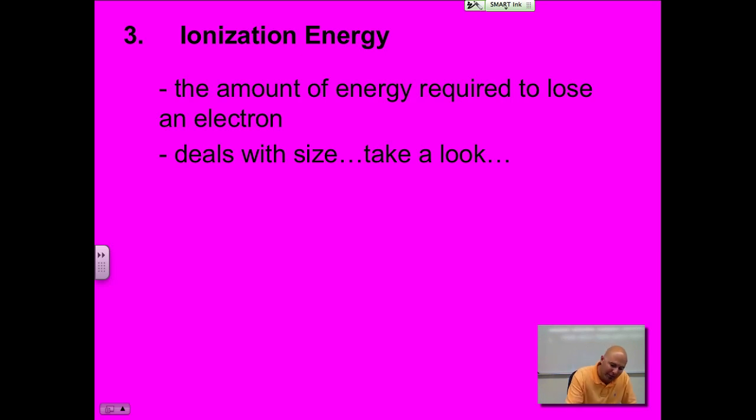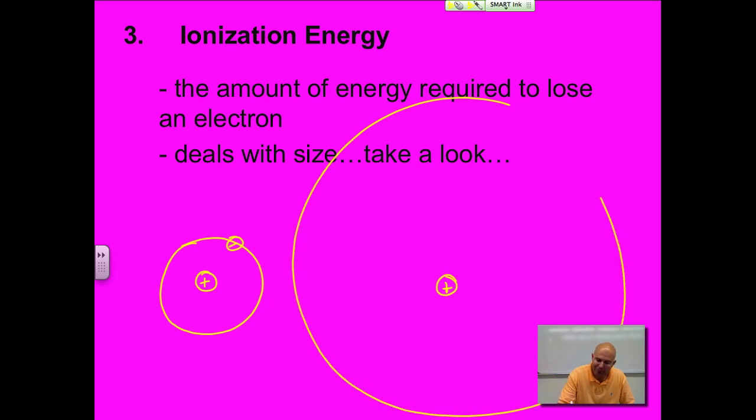Let's say we have, well, let's draw here in yellow. Protons, electron on the outside versus protons, electron on the outside. Which one of those do you think the proton-electron attractiveness is greater?